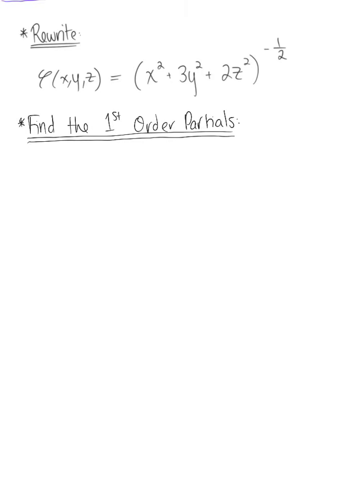So we need to use the chain rule from Calc 1 to differentiate in each case here. So we have d phi dx. So we're holding y and z constant. So we apply the chain rule and we have negative 1/2. Hold that inside constant. So that's x squared plus 3y squared plus 2z squared, raised to the minus 3/2, multiplied by the derivative of the inside with respect to x.